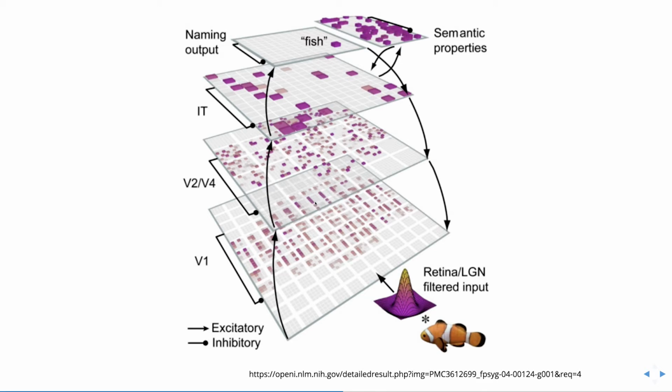Sorry. So the vision system in the brain works like this. Imagine you see a fish. Your retina sends the entire image through the LGN, which is the lateral geniculate nucleus, and it compresses that and sends it to the V1. The V1 is the first area of the visual cortex that receives those images and starts extracting features.